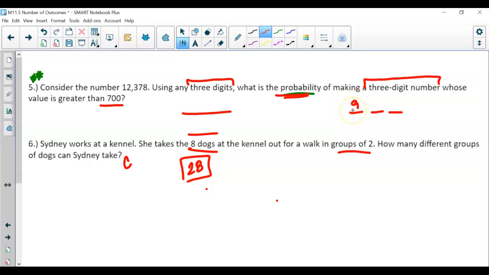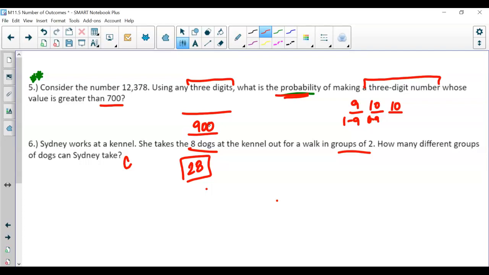No. When you get to a 3-digit number, you're now starting in the 100s. So this is 1 to 9. That's what's tricky about this one. Then how many digits are there for the second? 10, because there's 0 to 9, times 10. So notice there are 900 different ways of making a 3-digit number.